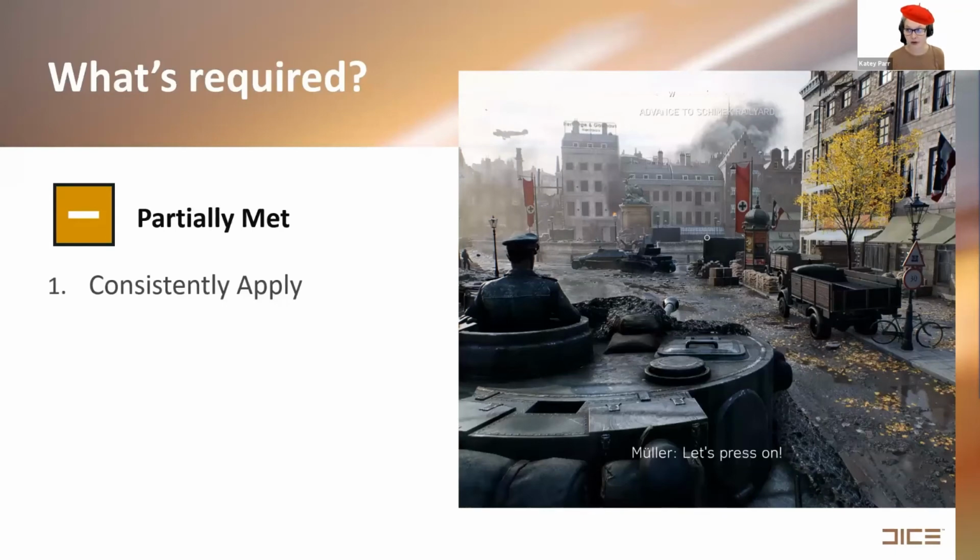In the same respect, we of course need to understand what's required to go from a partially met conformity to fully meeting the recommended guidelines. In one of our cases, it's about consistently applying the guideline. So with the speaker name on the subtitles here, we just need to make sure it's consistently applied, and then we'll fully meet that recommendation.